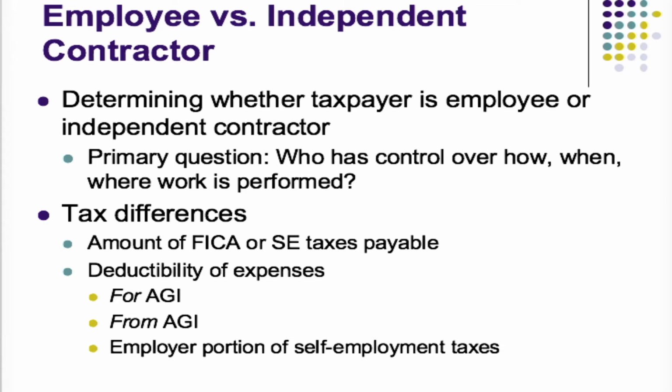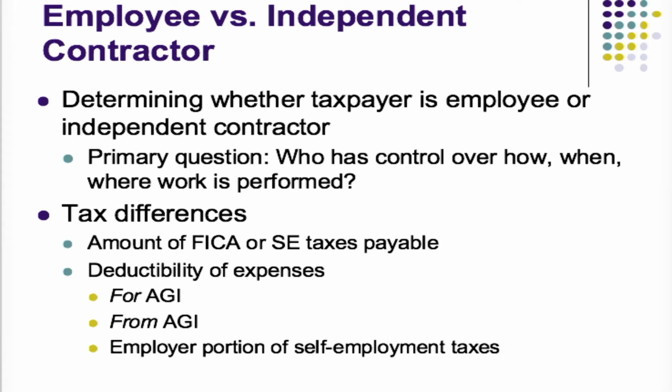So determining whether you qualify as an employee or an independent contractor could be pretty important in determining which taxes you are responsible for. This also does make a difference as far as the deductibility of business expenses goes.